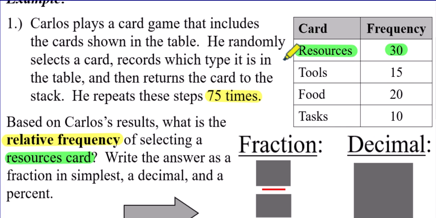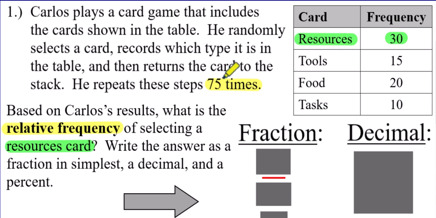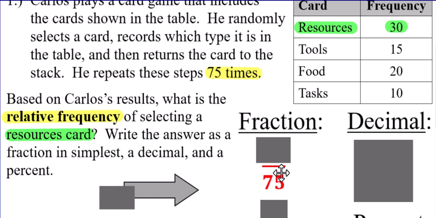We already know the total number of outcomes. They told us it was 75, and if you added these numbers together from the table, it also would have given you 75. So that is the denominator of your fraction. And guys, the denominator for any kind of probability problem will always be the total number of outcomes.